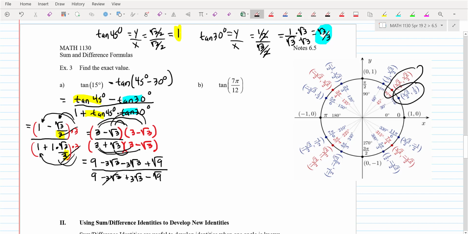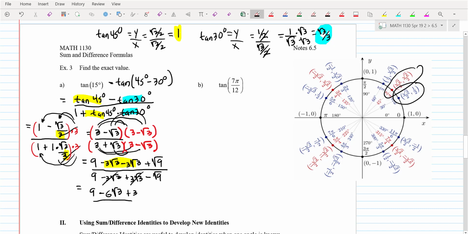And see the bottom, what happens is the inner and outer cross out anyway. So that's the reason why we use the conjugate. And then the square root of 9 is 3, so we don't have a radical to worry about anymore. So you'd end up having the numerator, you would have 9, and then these are like terms. So that would be minus 6 of those. So that's minus 6 radical 3, square root of 9 is 3.